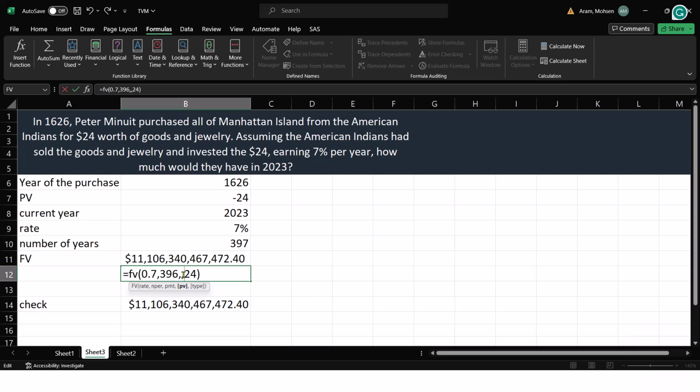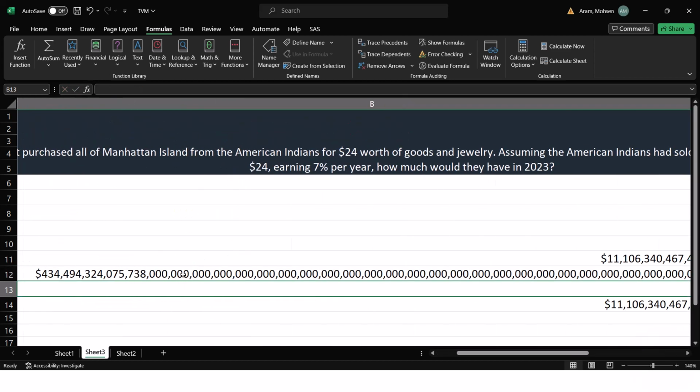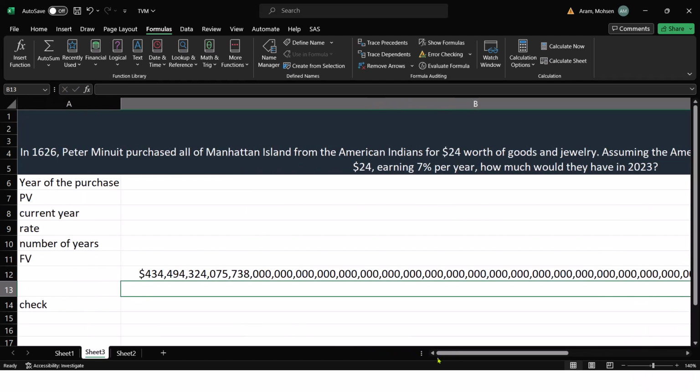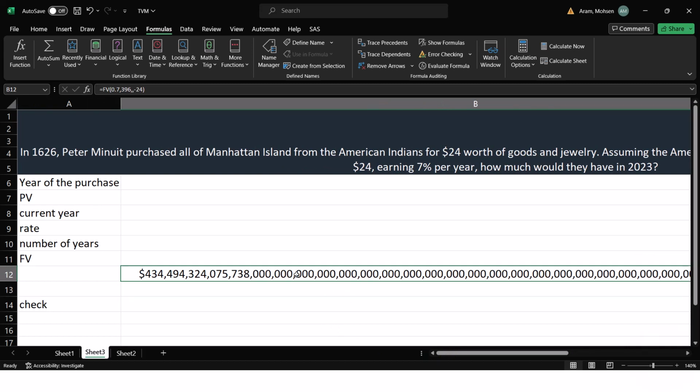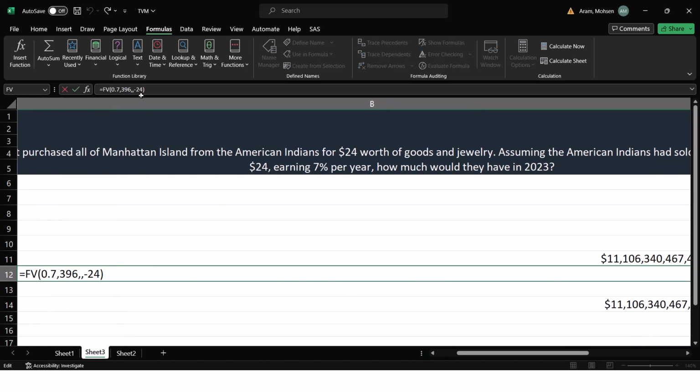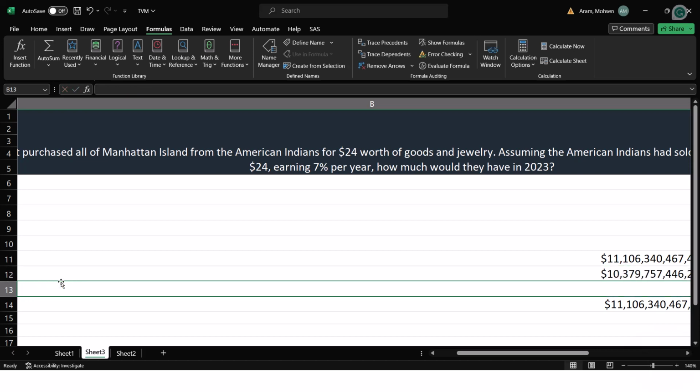Actually, let's put negative 24, and then, ooh, what happened? What did I do? Oh, that's why. Instead of 7%, I had 70%. So that's why we got a crazy number here.